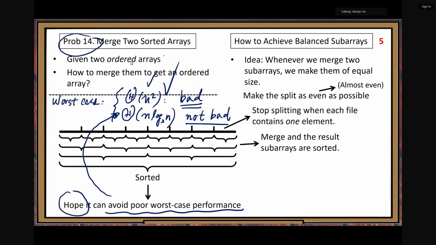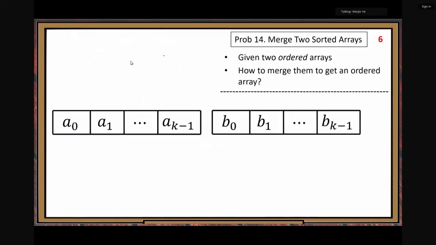All right, so let's look at the merge solution. Let me use the diagram. Ordered subarray A, ordered subarray B. How to merge these two ordered subarrays?